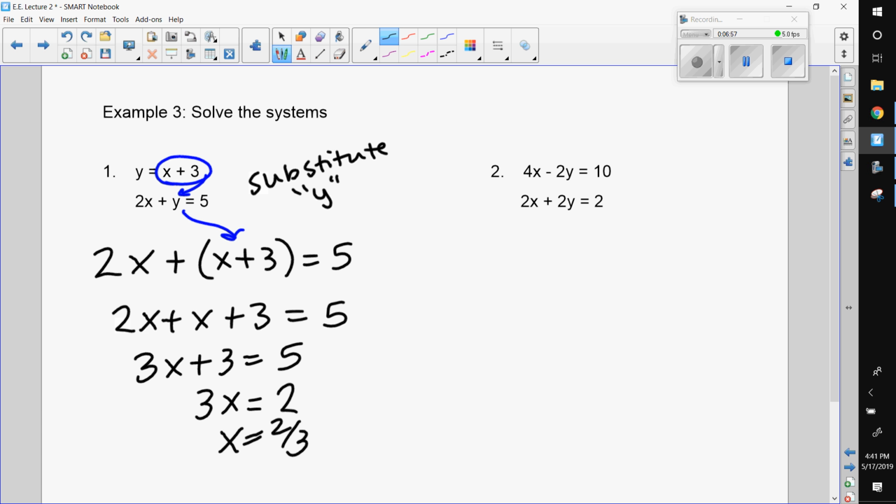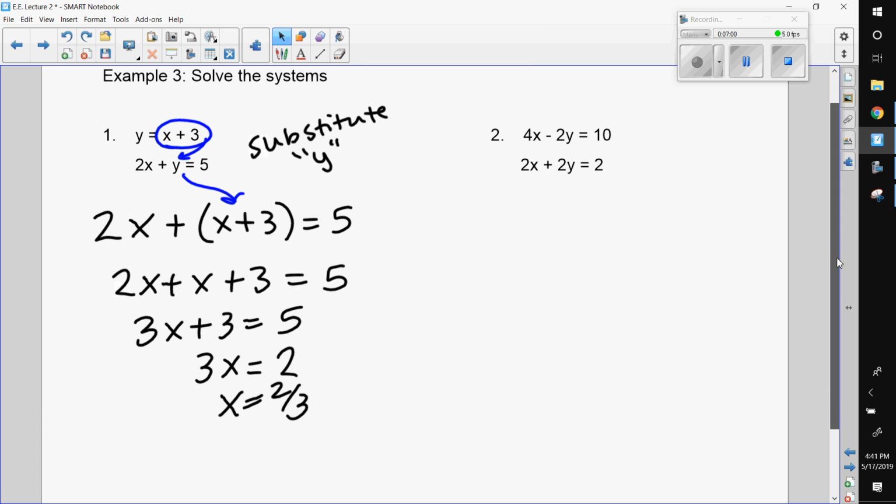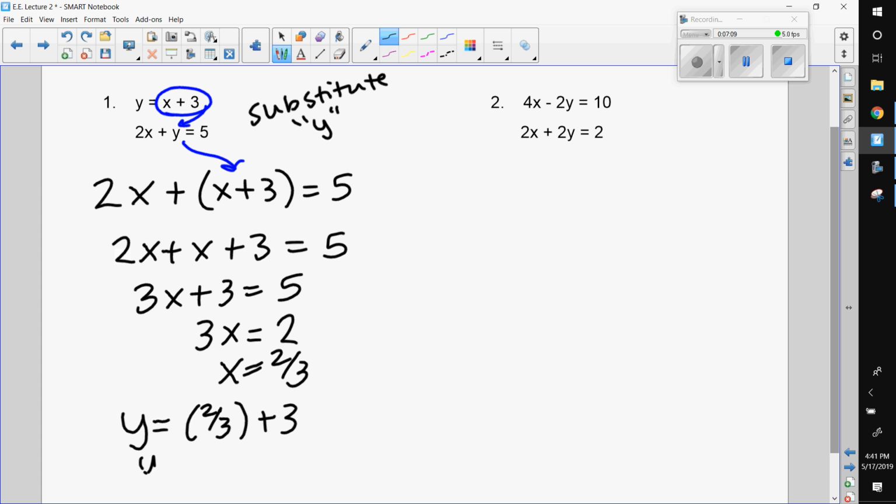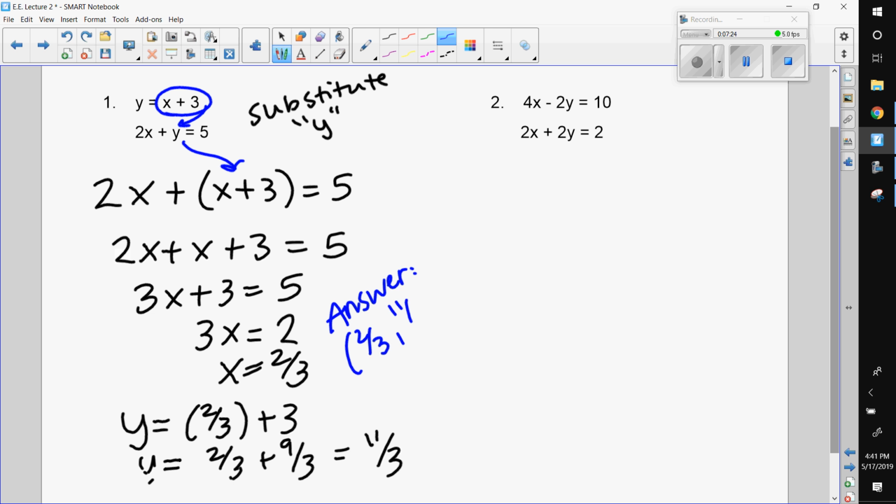So that's part of my answer. I've got to substitute that back in. So I'm going to go to the top. I've got y equals 2/3 plus 3. I've got y equals 2/3 plus 9/3. I just changed it, which equals 11/3. So not great, but my answer here as an ordered pair would be 2/3, 11/3. And you can do these as decimals as well. Okay, so substituting one in for the other.